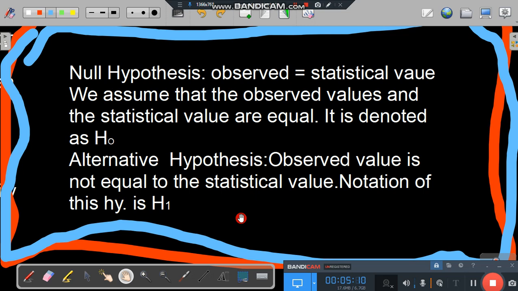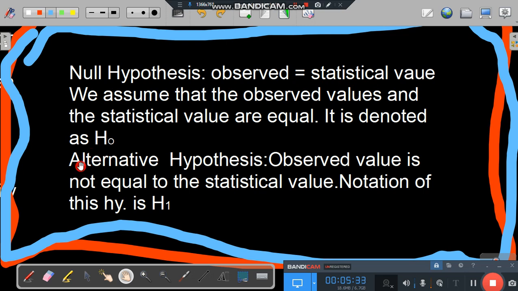In your university they are asking the question: describe null hypothesis and alternative hypothesis. You have to write these two concepts. Null hypothesis means the blind statement where we assume the observed value is exactly equal to the statistical value.